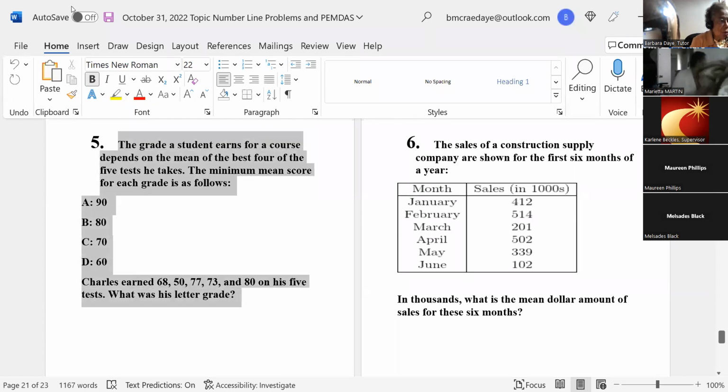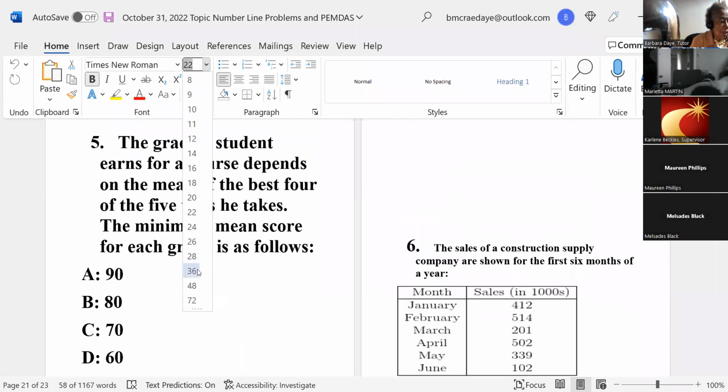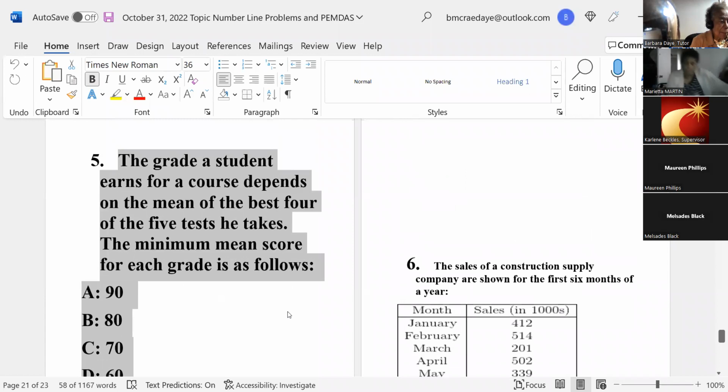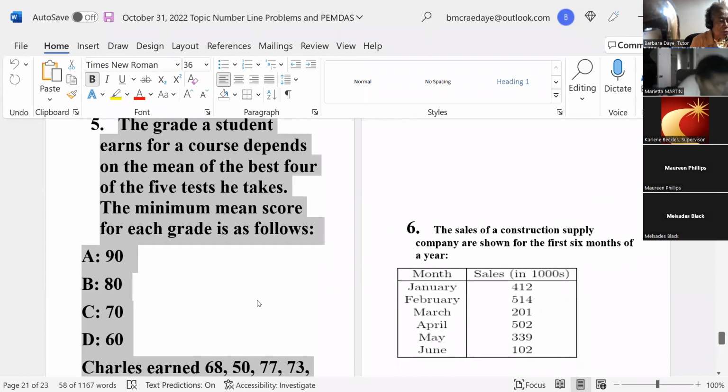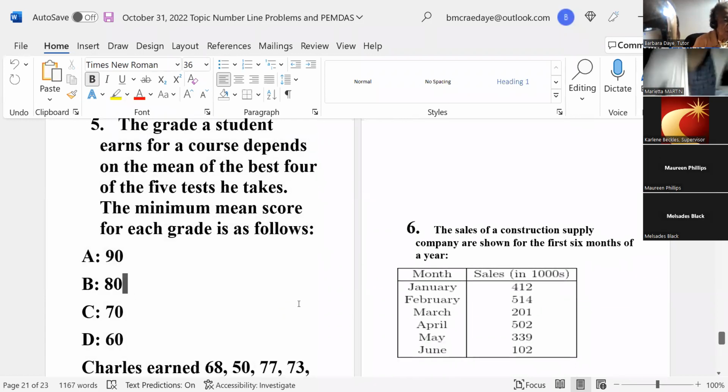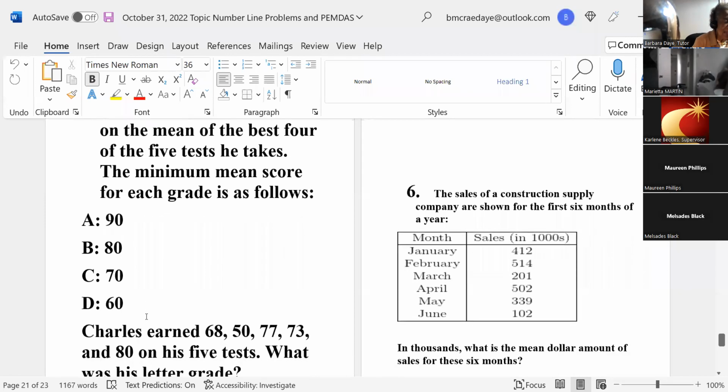Okay, so I want you to do just this last problem. Let me make that bigger. The grade a student earns for a course depends on the mean of the best 4 of the 5 tests he takes. The minimum mean score for each grade is as follows. An A is 90, a B is 80, a C is 70, and a D is 60.